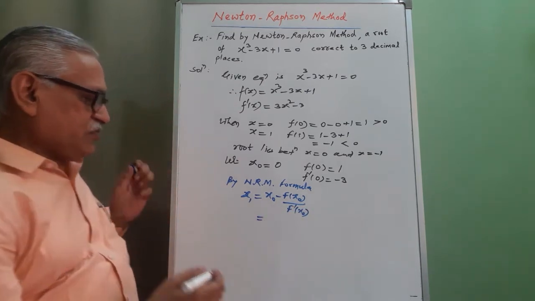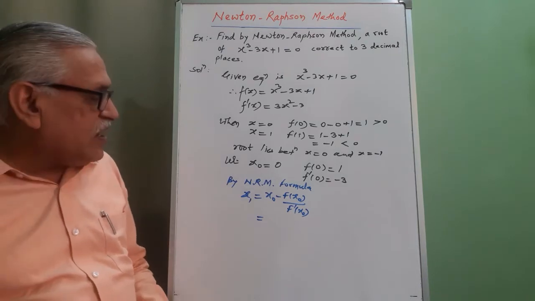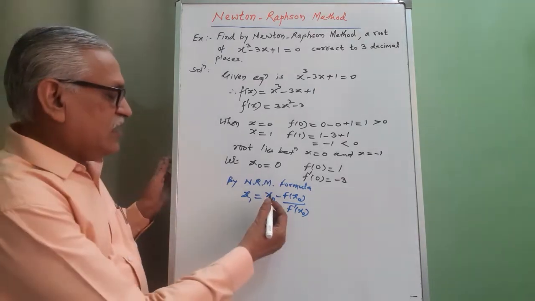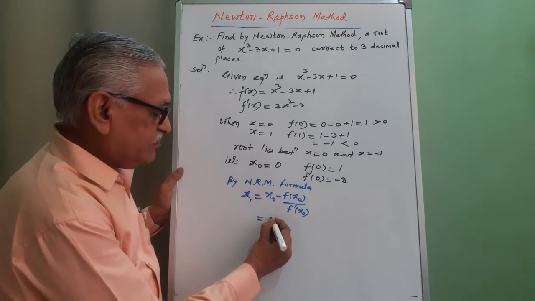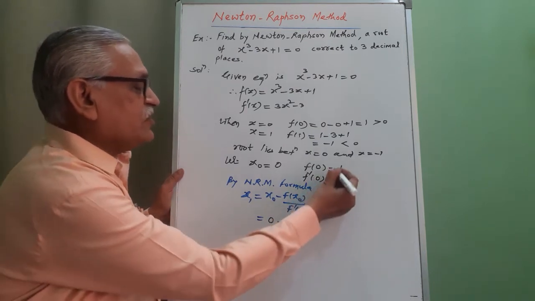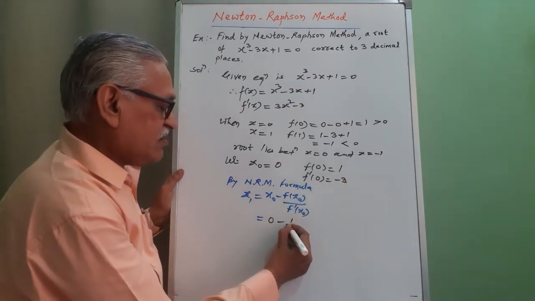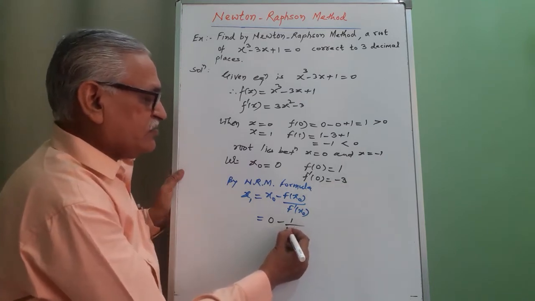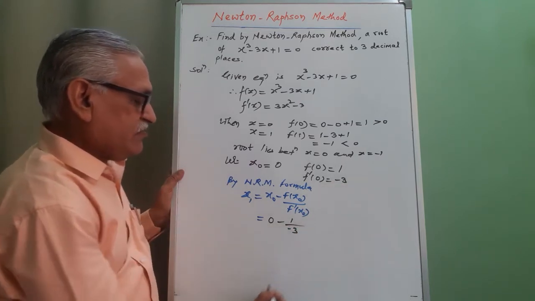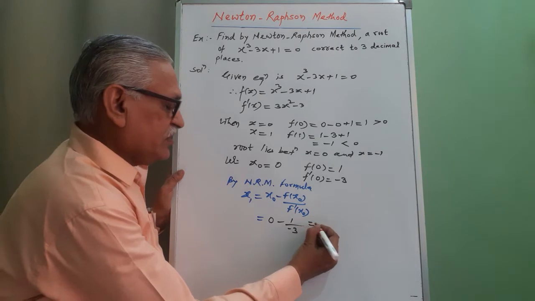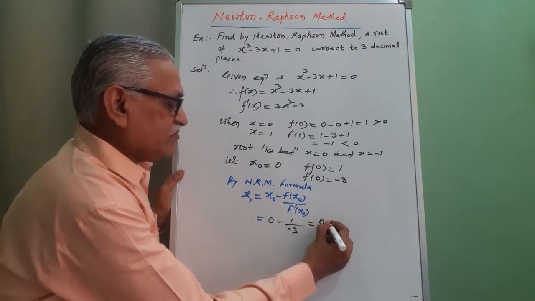Substituting the values, x0 is 0, f of x0 is 1, and f dash of x0 is minus 3, and therefore it is 0 plus 1 by 3.